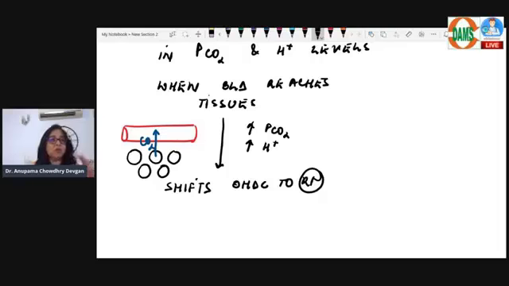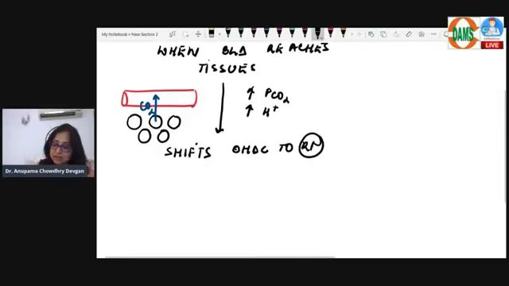If you remember, two important reasons which cause a shift of the curve to the right are an increase in CO2 and an increase in H plus. And a rightward shift, if you remember the little mnemonic which I told you, is FDR: favors delivery, a shift to right.